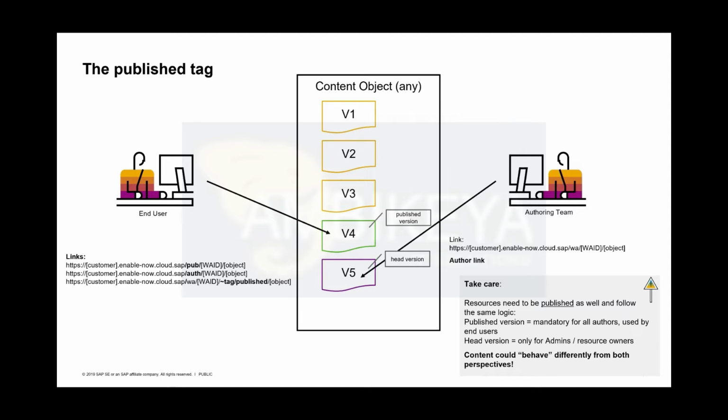And the most important thing to understand when talking about publication within Manager is that the published tag determines which version of which object the end users might see, which affects both single learning objects, projects, book pages, text units on the bottom of your trees, as well as the structure as such.